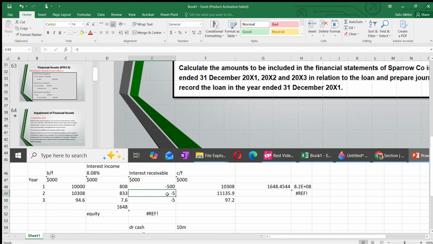And this is 500. This is the balance, this also I will round up. And then I will put here 860. This 11,008.